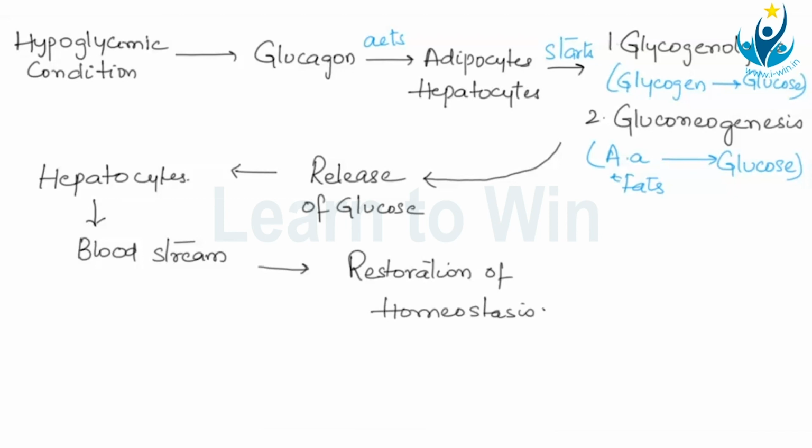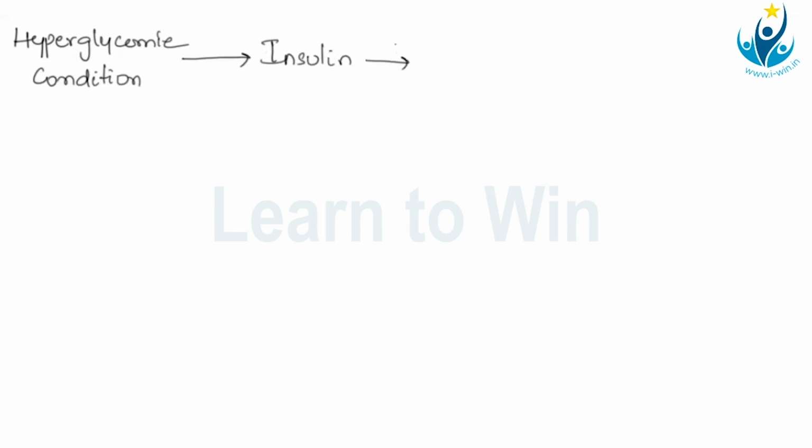Right, so this is what happens in hypoglycemic or low blood sugar conditions, where there is release of the glucagon hormone. Now, when the conditions are reversed, when there is a hyperglycemic condition, that means when there is an excess of glucose in the blood, you have the production of insulin from the beta cells, and this insulin will directly act on various cells including the hepatocytes.